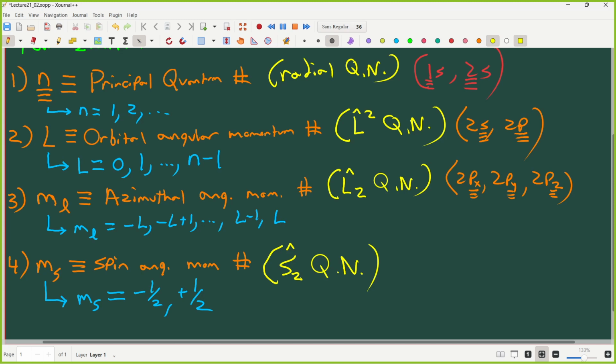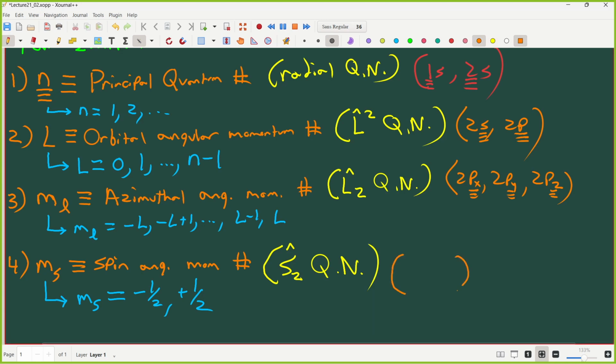The way you fill electrons in CHEM, so you got your 1s, 2s, 2p, and you fill it with an electron up and then an electron down eventually. That's what m sub s is. It's the 2 electron spins. And this just specifies whether in your 1s state you have either spin up or spin down.